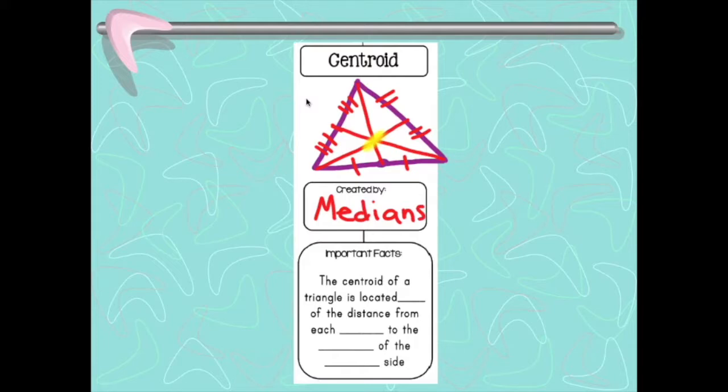And then your important fact is the same as your theorem. The centroid of a triangle is located 2/3 of the distance from each vertex to the midpoint of the opposite side.